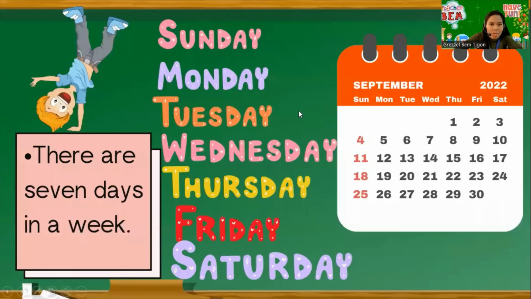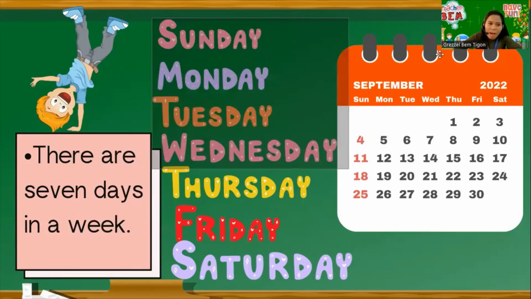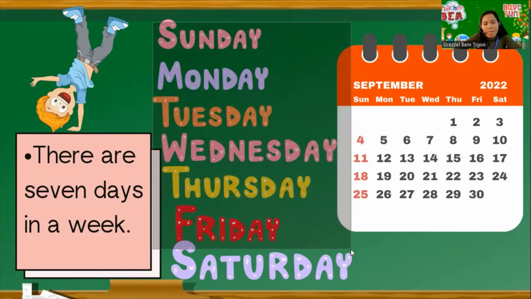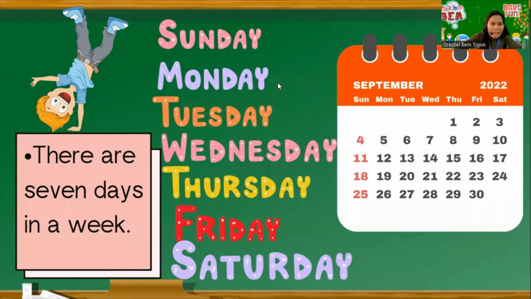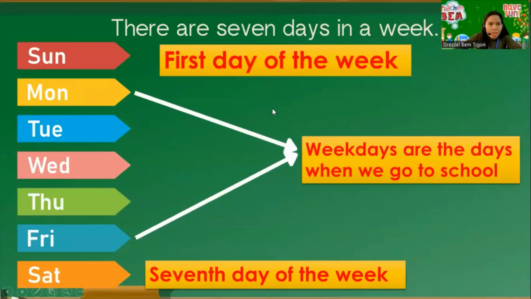I hope that you can still remember the song that we have. Sunday, Monday, Tuesday, Wednesday, Thursday, Friday, Saturday. So there are 7 days in a week. Don't forget that the first day of the week is Sunday and the 7th day of the week is Saturday.